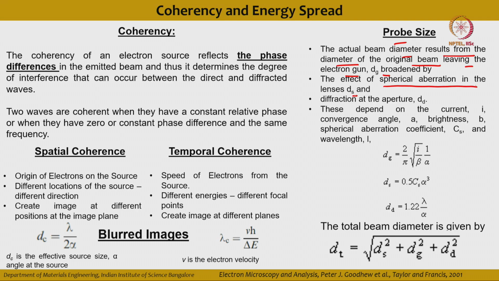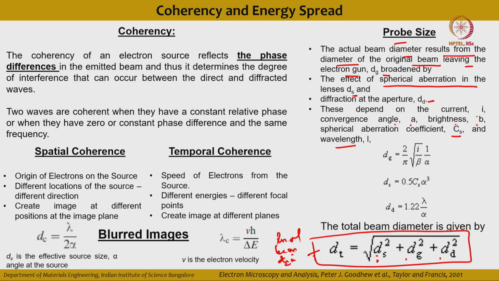There is diffraction at the aperture which is related to dd, and this depends on the current I, convergence angle alpha, brightness B, spherical aberration coefficient Cs, and the wavelength lambda. So your total beam diameter d is given by the square root of ds squared plus dg squared plus dd squared. Okay. So this is your final beam diameter.